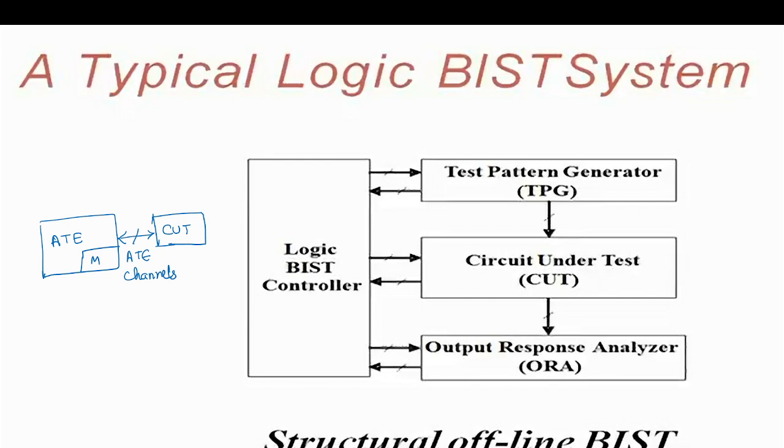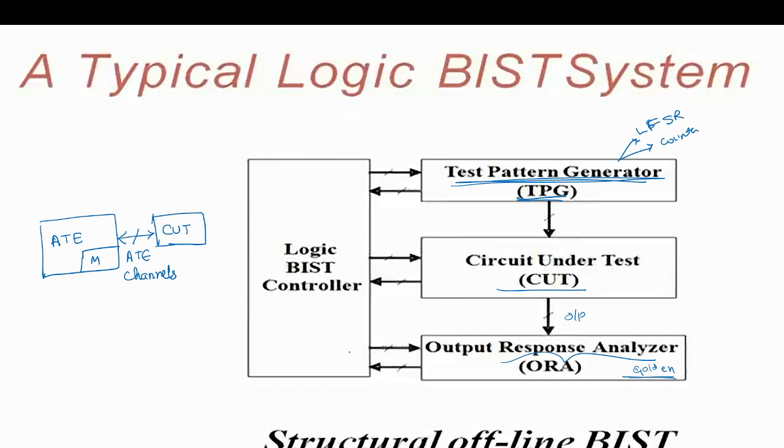In the case of logic BIST, there is a test pattern generator, either a linear feedback shift register or a counter, which generates the test patterns and applies them to the circuit under test. The output is analyzed by a response analyzer, which has the golden values and says whether the circuit has a fault or not.